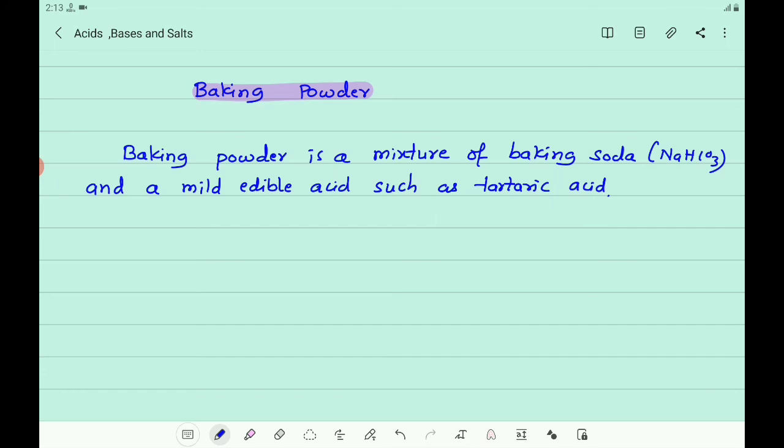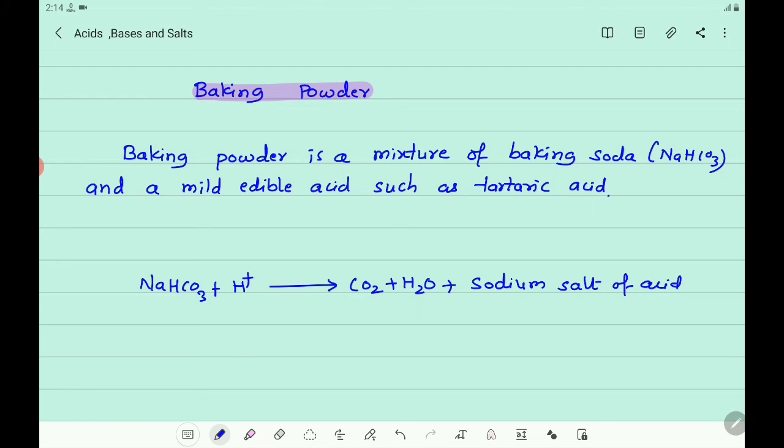You write that reaction: NaHCO3 plus H+ from any acid gives carbon dioxide plus H2O plus the sodium salt of the acid.